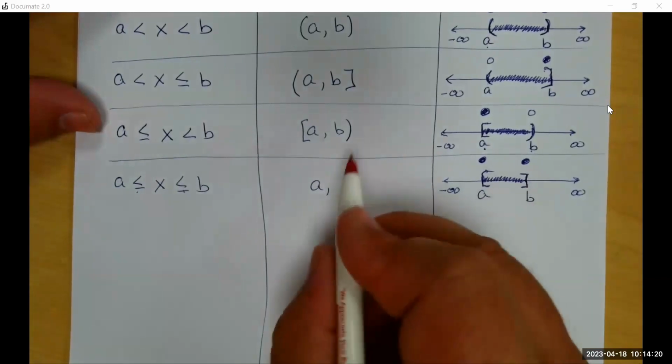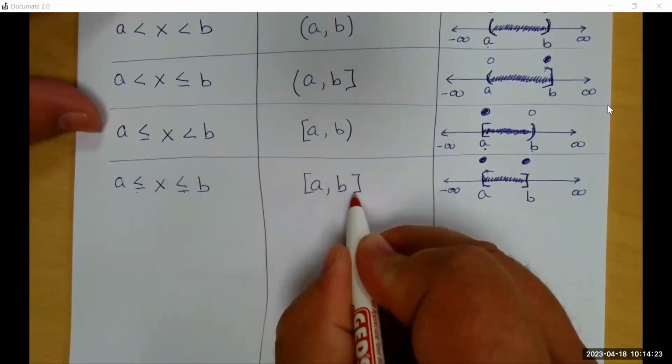So the line goes from A to B, and they're both brackets because they're both included.